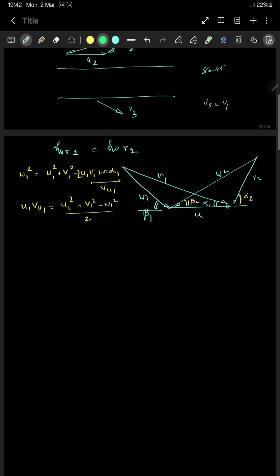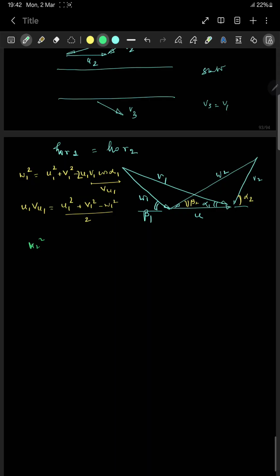The next is very important. For the outlet velocity triangle, w2 square is equal to u2 square plus v2 square minus twice u2 v2 cos of 180 degrees minus alpha 2, and cos of pi minus theta is minus cos theta.